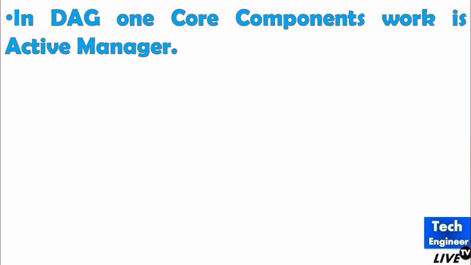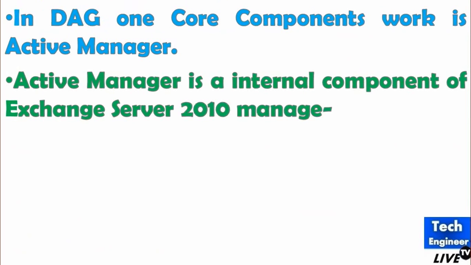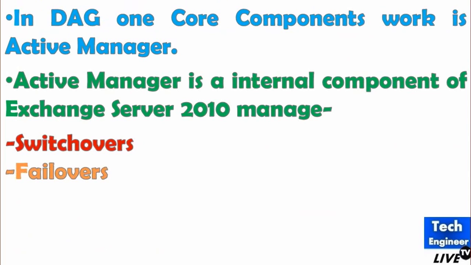Now in a DAG, one core component works, and that core component is known as Active Manager. Active Manager is the internal component of Exchange Server 2010 which manages switchovers and failovers. So whenever your mailbox gets suspended and the secondary mailbox needs to take the position of primary, a switchover will be made.